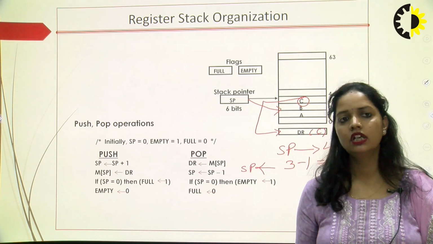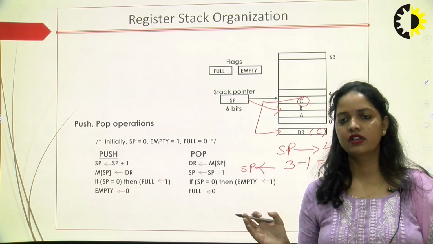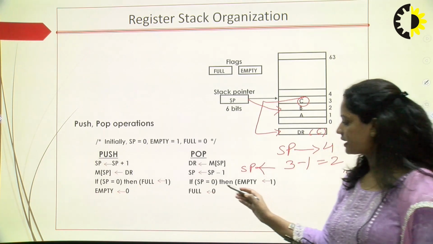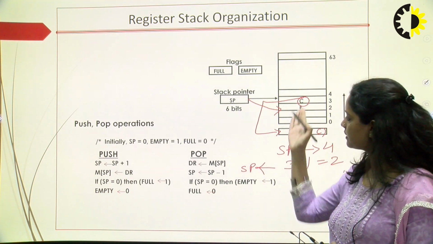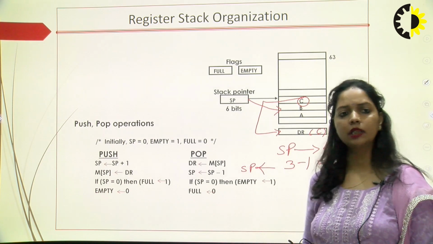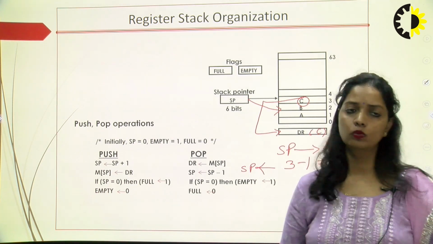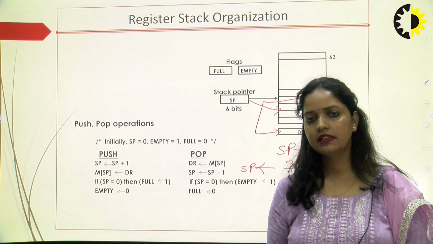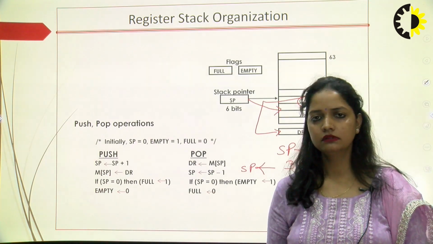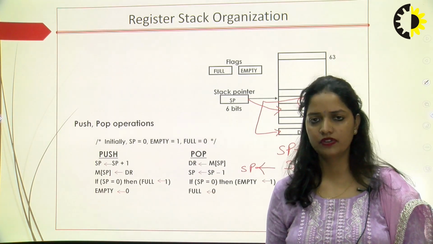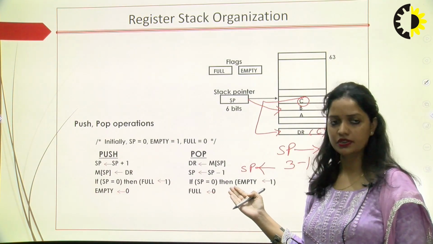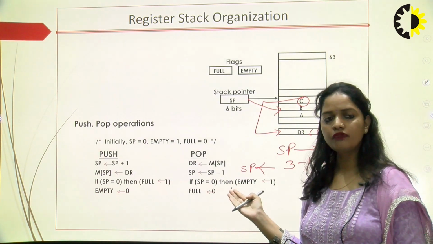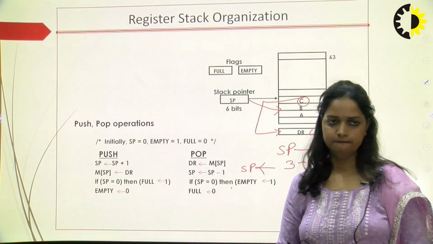After performing the pop operation, we have to check the condition also. There is one condition: if the stack is 0 and empty is 1, meaning the stack does not contain any element, we cannot delete an element. So it is an underflow condition of a stack. We have to check this condition after every deletion operation, and if it is true, no further deletion is possible.